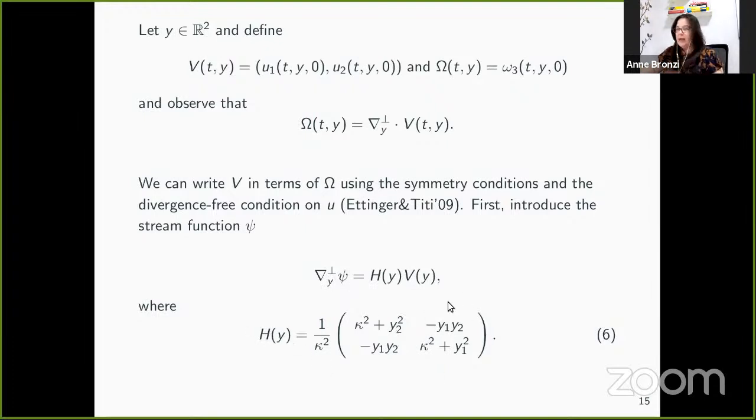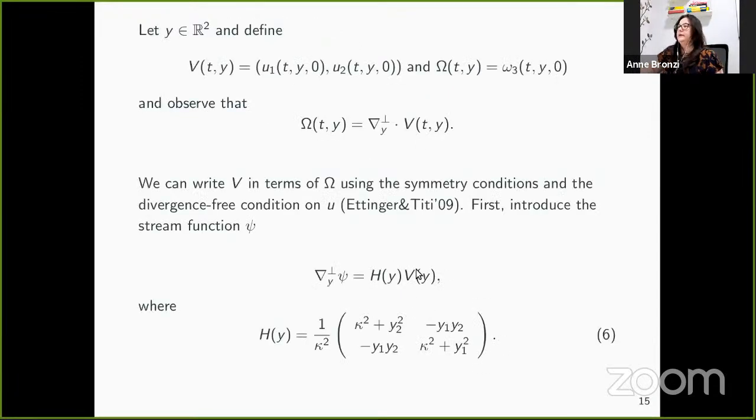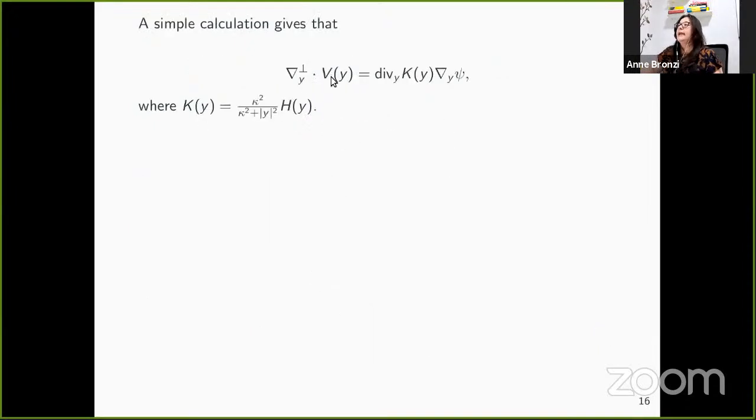And so this stream function introduces psi, where grad perp of psi is this matrix here. It depends only on h and the velocity field V. And a simple calculation: you can write V as the inverse of this matrix times the grad perp of psi. And if you take the grad perp inner product with V, you obtain this term here, which is the divergence of this matrix given in terms of h times the grad of psi.